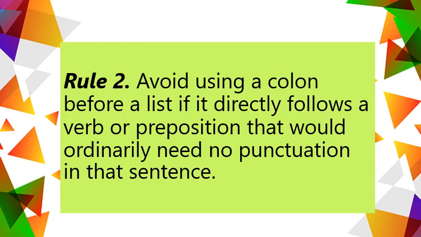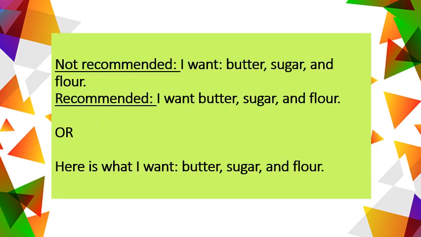Rule number 2: avoid using a colon before a list if it directly follows a verb or preposition that would ordinarily need no punctuation in that sentence. Look at this sentence: I want: butter, sugar and flour.